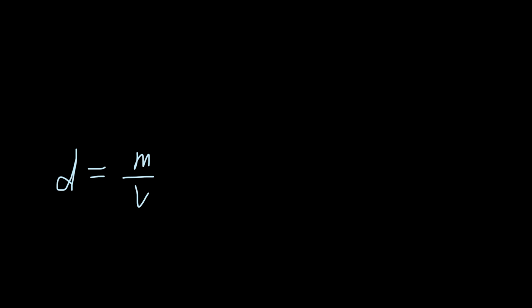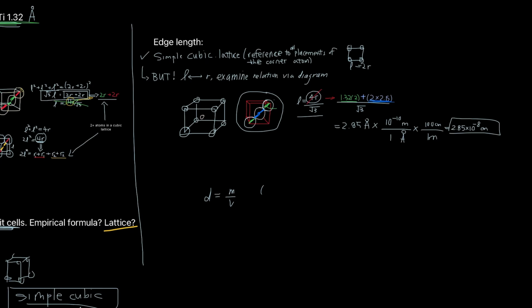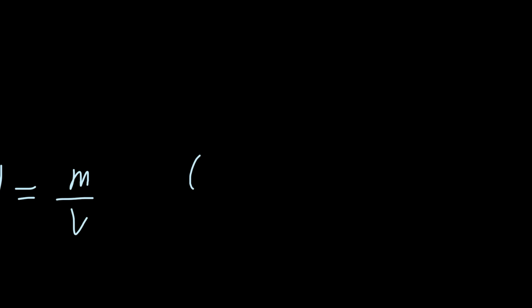So mass is determined by the shape of this cubic lattice, and we determined that it is a simple cubic lattice, okay? Be really careful here. So that's 1/8 times 8 of these 1/8.